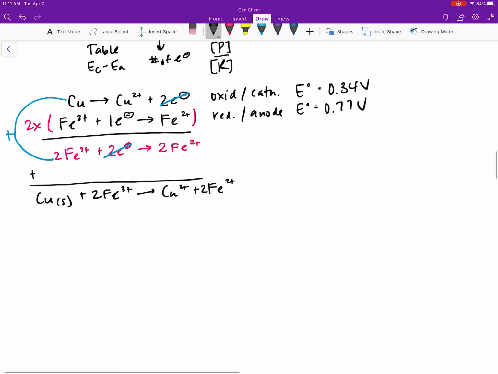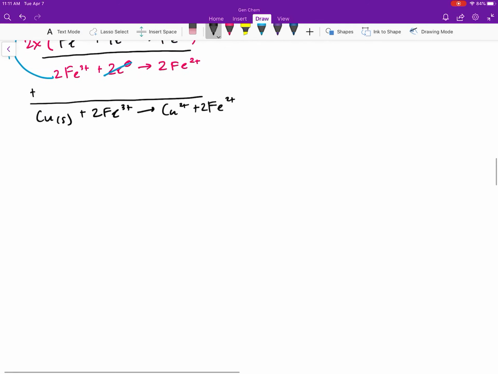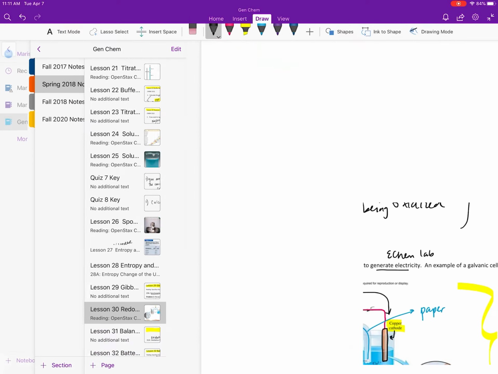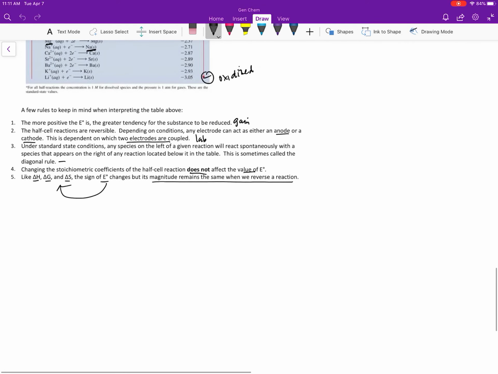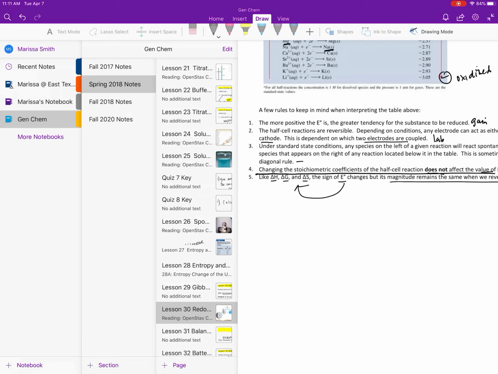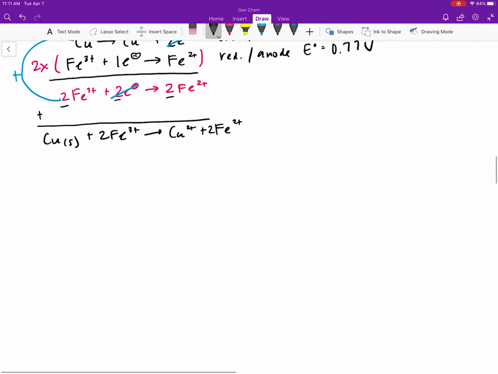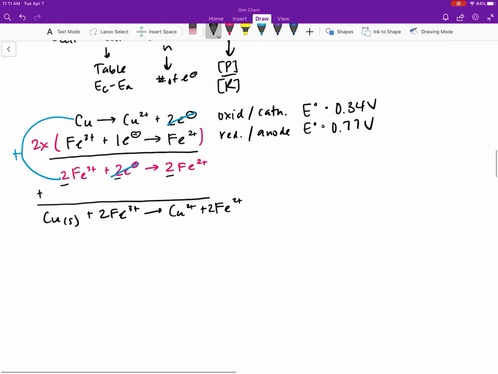You may be asking yourself, why doesn't this 2 play into it? And remember, one of the rules we said back in lesson 30 at the very end was that changing the stoichiometric coefficients on the half cell does not affect the value of E. So even though there are twice as many electrons being transferred in this half cell reaction, it has no effect on the E cell or the E naught value.